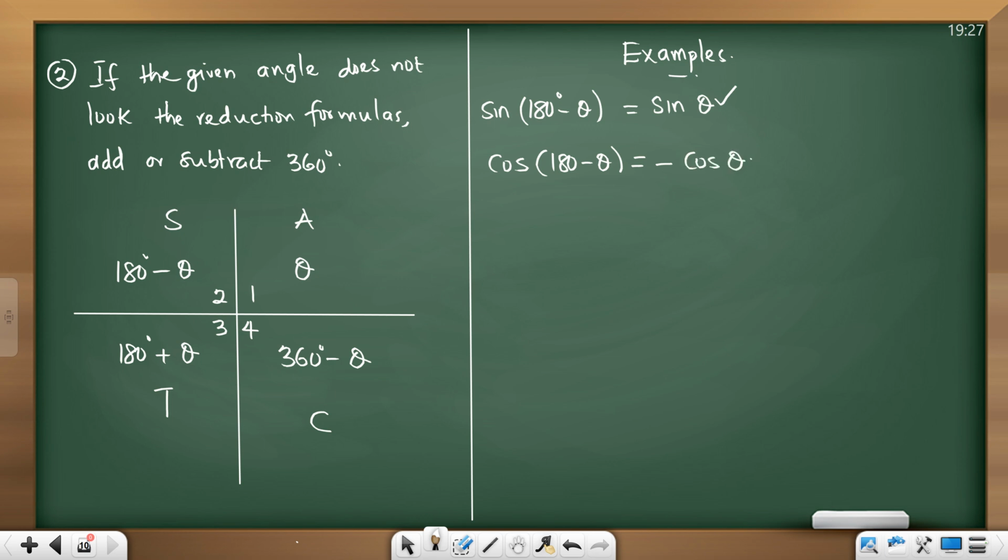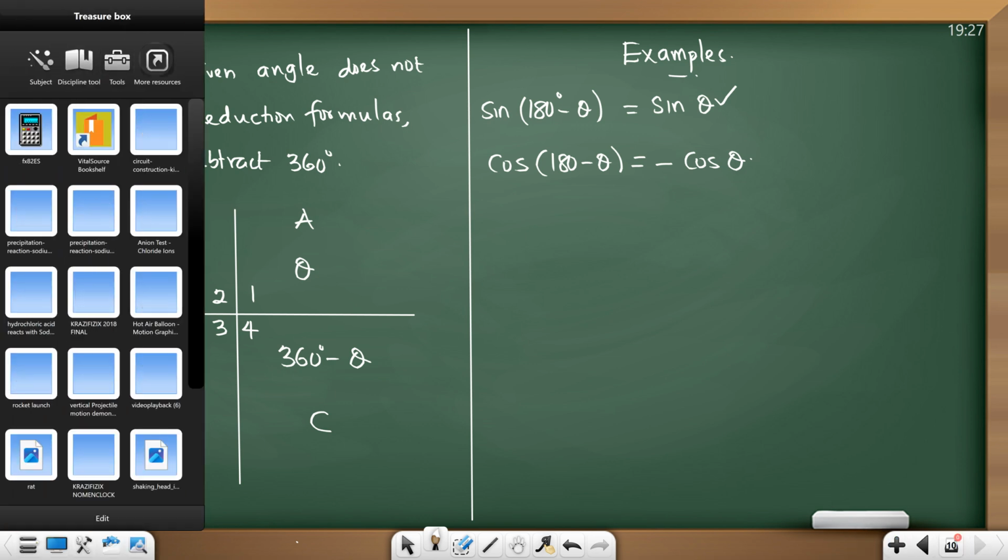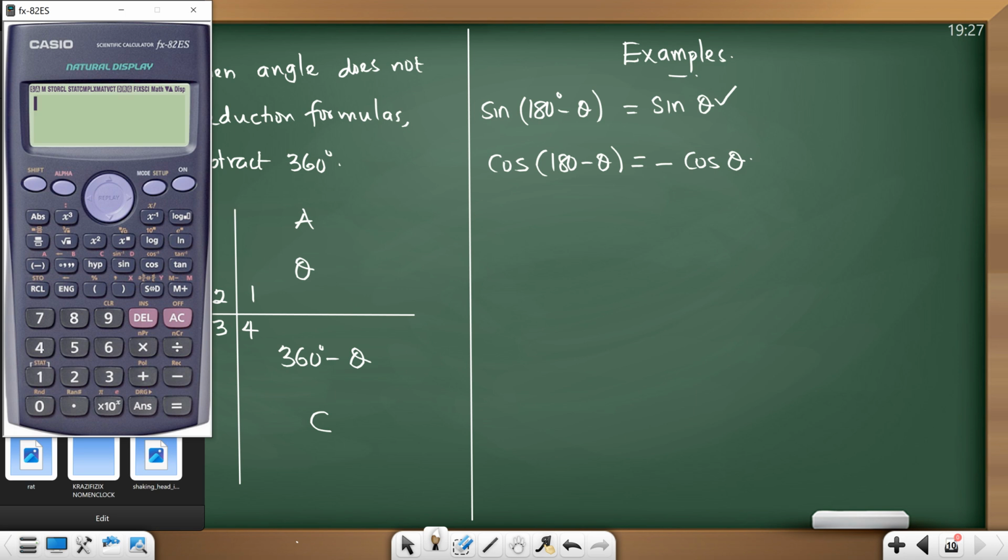Beautiful. That's reduction. But I don't like this one. You know what I'll do? I'll grab my calculator. Anywhere I see theta, I am going to put 1. Look at the sign. Negative. And it is 180. 180 means I am not changing. So cos will remain cos. Beautiful.